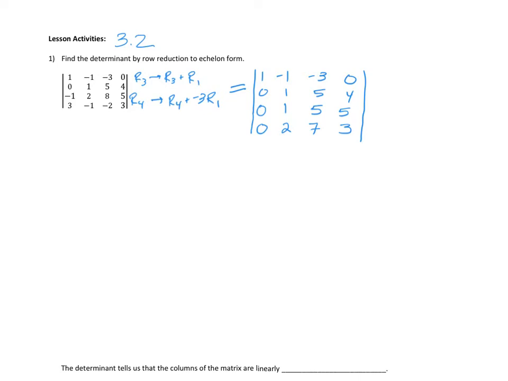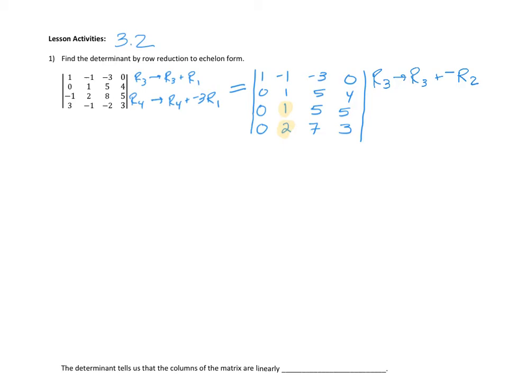I'm going to work on knocking out this spot and this spot underneath the pivot that's in row 2, column 2. To get rid of those, row 3 is going to become row 3 plus negative row 2, or row 3 minus row 2. I'm using the pivot in row 2 to knock everything out.